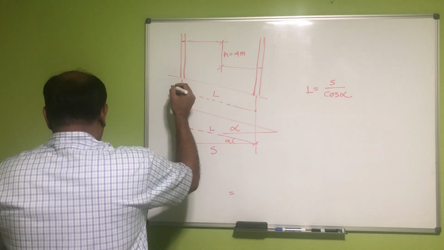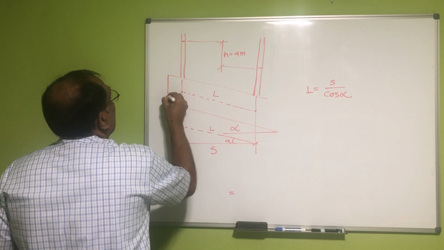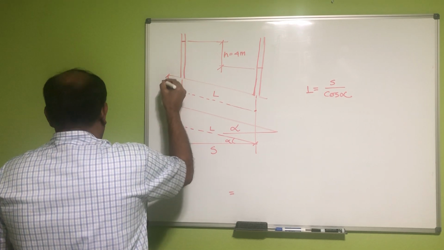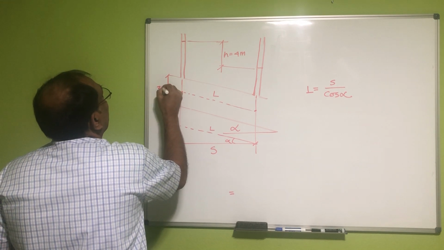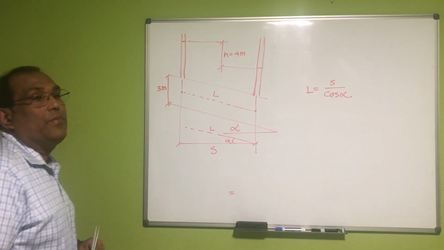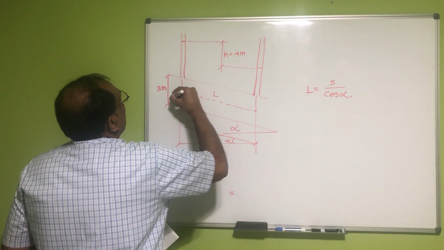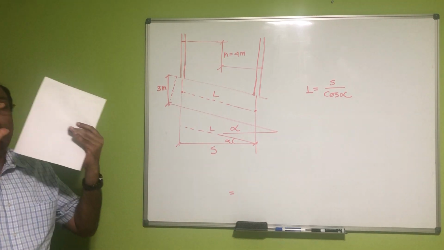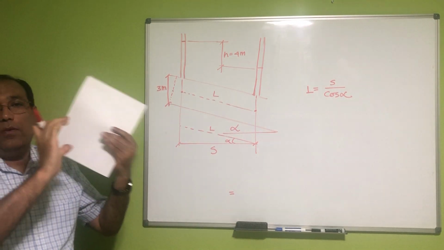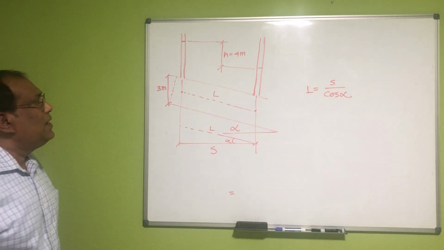Now they also gave you this distance from here to here, which is 3 meters. Now when you try to find the area, you have to find the area perpendicular to the flow path. Okay, perpendicular to the flow path. So the flow is going along this direction.